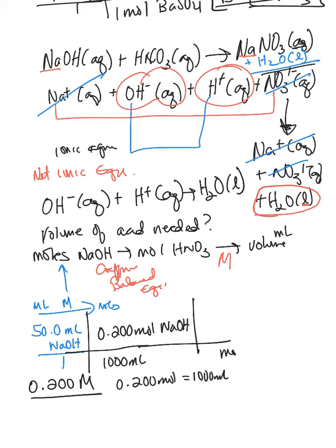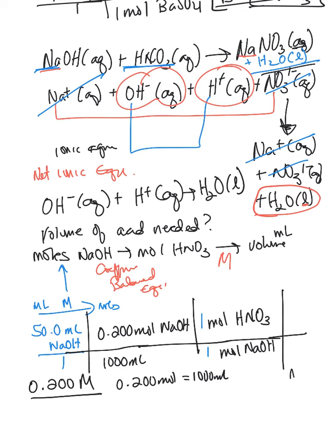Now you go from moles of sodium hydroxide to moles of nitric acid, because it asks for the volume of nitric acid. You've got to go to your mole to mole bridge. You look at your coefficients and you see that for 1 mole of sodium hydroxide, we react with 1 mole of nitric acid.